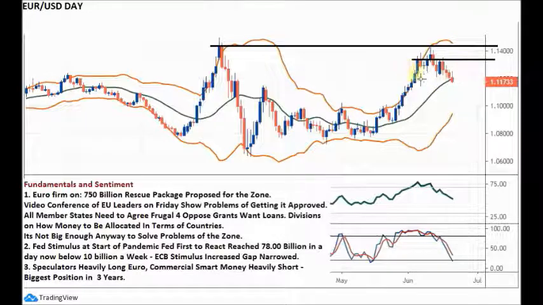The reason I picked out this level is you can see we tried to get through it once and immediately fell back, then another poke fails, another poke fails, down through the 20. Okay, so any rallies back towards this level here would be selling opportunities.